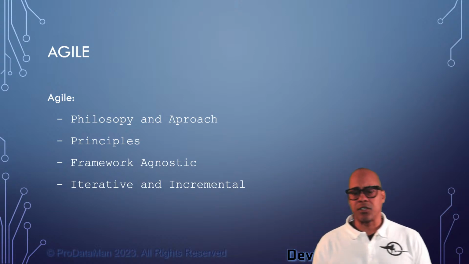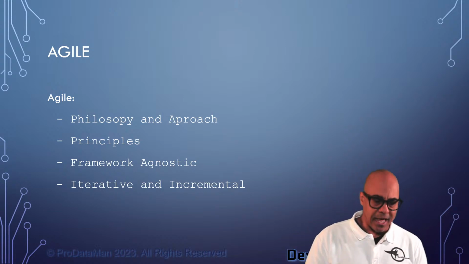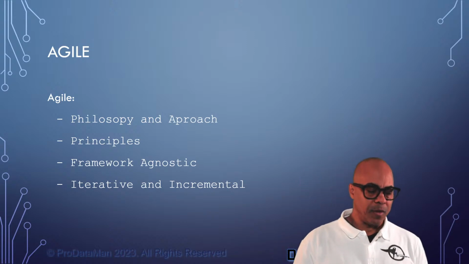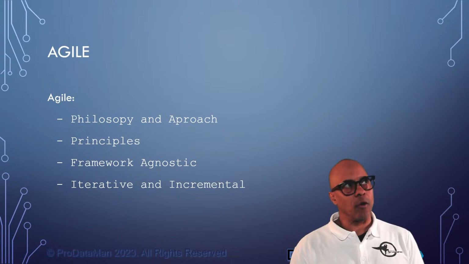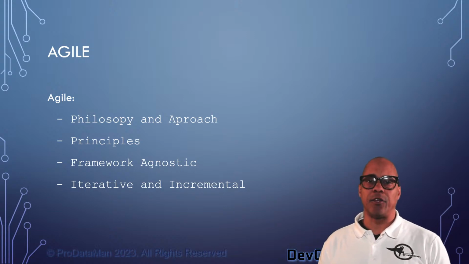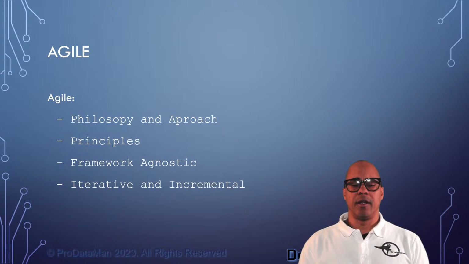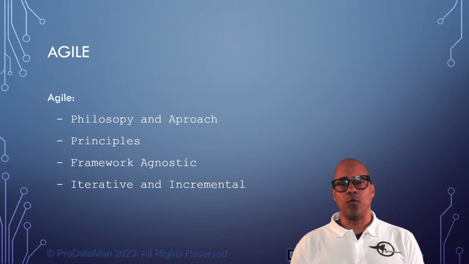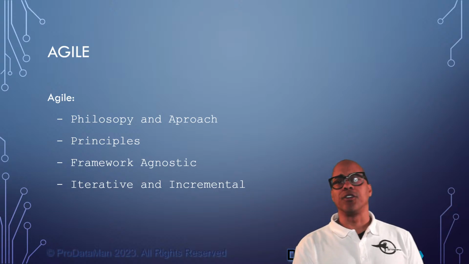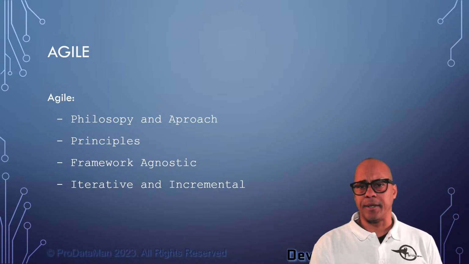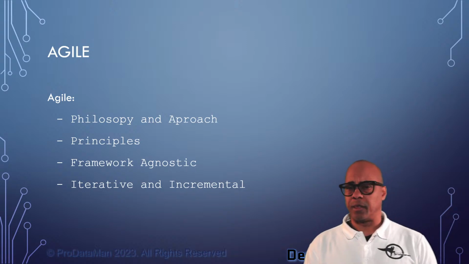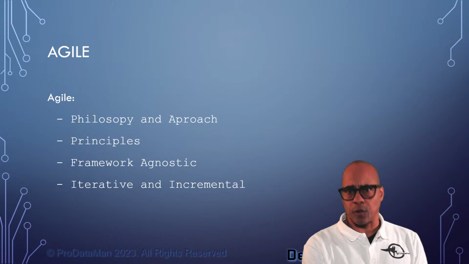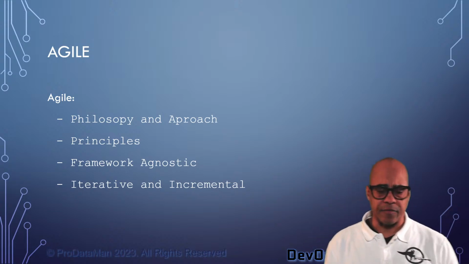But at its core, the Agile Manifesto basically states that we care more about delivering business value to the end customer and responding to changing requirements than we do about what more traditional project management methodologies might have been concerned with: long horizon planning and rigid and structured requirements documents and things of that nature.